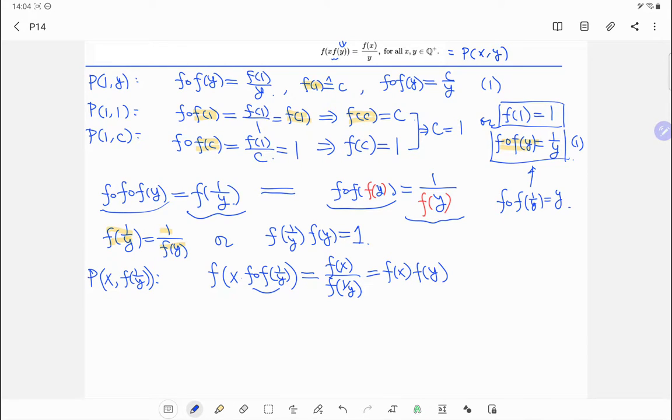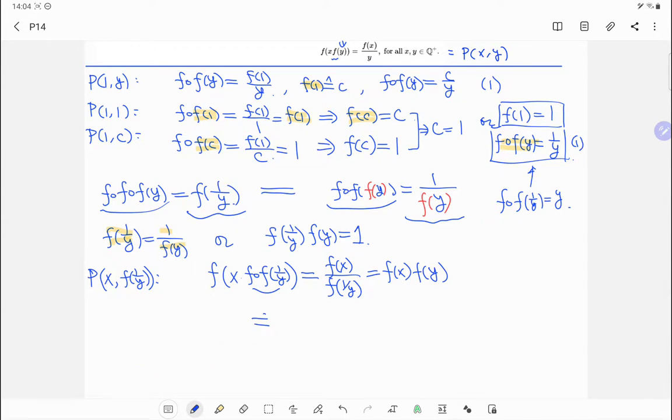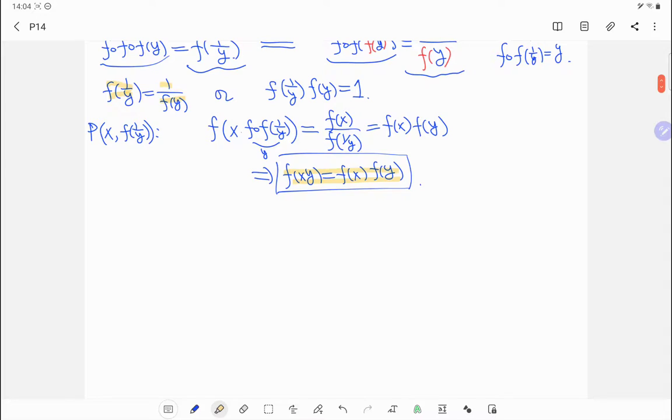So this is y, and we can write it as f of xy equals f of x times f of y, which means f is a multiplicative function. Okay, so far we get two very useful functions and also a value of this function.